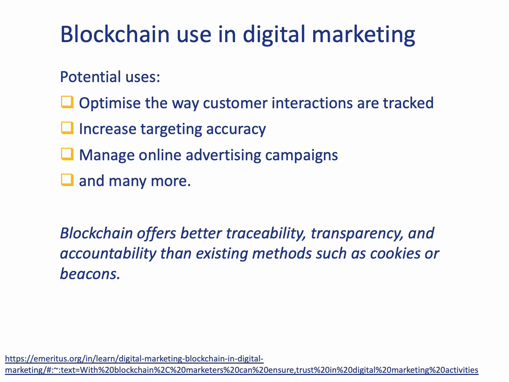Furthermore, blockchain arguably offers better traceability, transparency, and accountability than existing methods such as cookies or beacons. This means marketeers can glean more accurate insights into customer behavior, and as a result, this would allow marketeers to really understand their target audiences and create campaigns tailored specifically to their needs, wants, and desires.